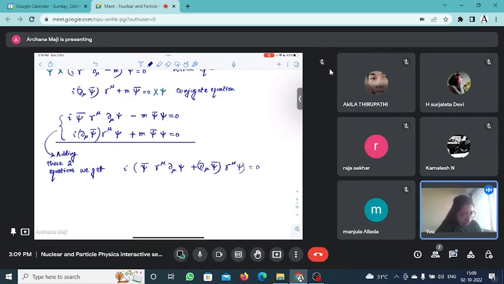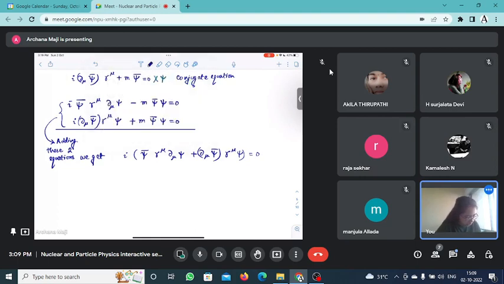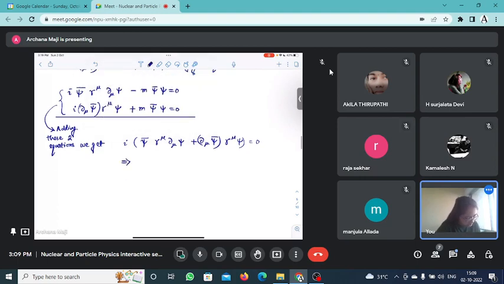Basically the mass terms get cancelled out, and we are left with this equation, del mu of psi bar gamma mu psi.